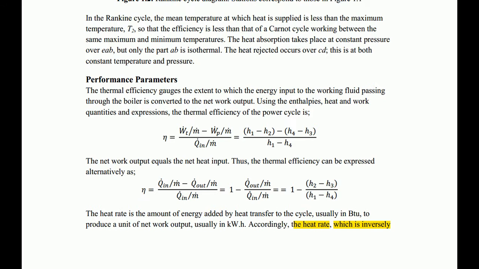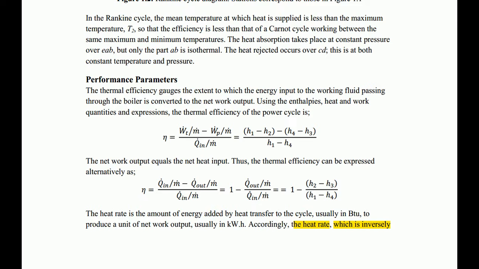So how can we increase the efficiency of Rankine cycle? We can see clearly, and it is very obvious, that if we decrease the amount of heat supplied from state 4 to 1, we can increase the efficiency of the Rankine cycle.